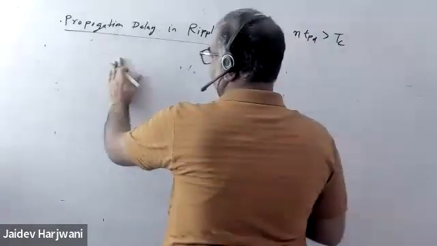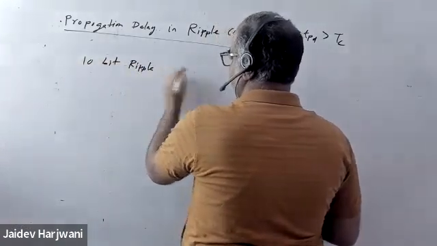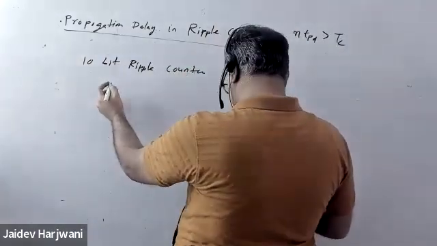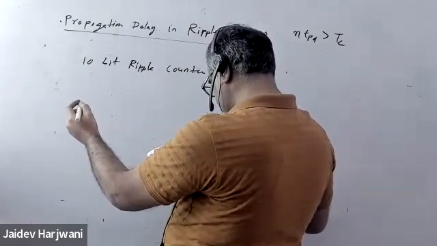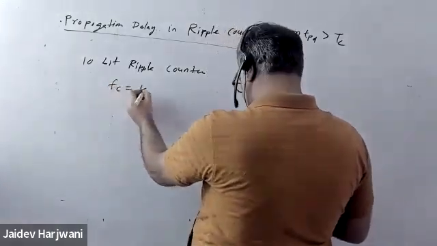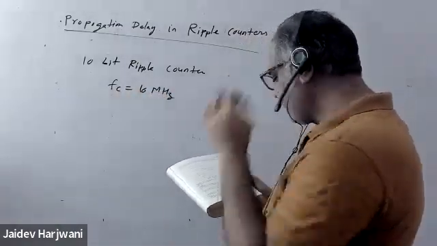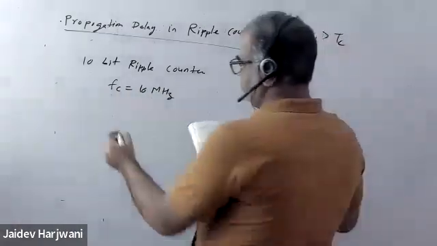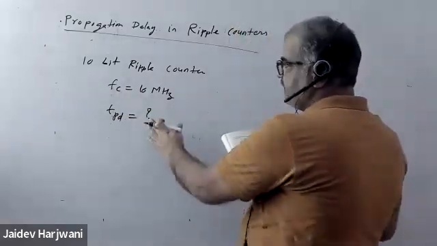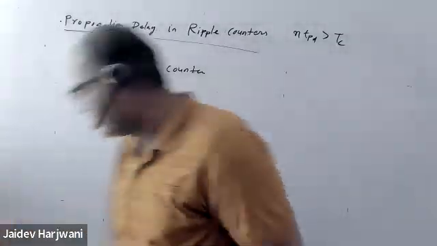So they have given you a 10-bit ripple counter, and the clock frequency is given, FC is 10 megahertz. They are basically asking you TPD. What is the value of TPD so that it will miss one count, it will skip one count?